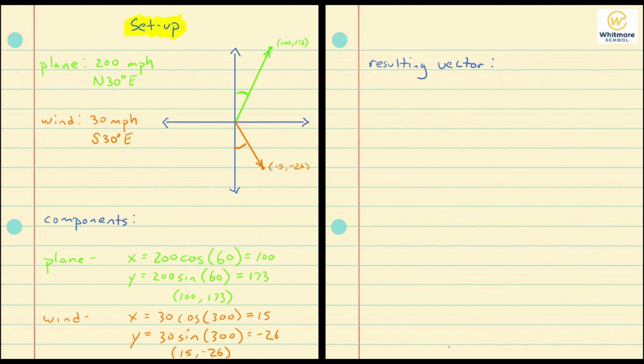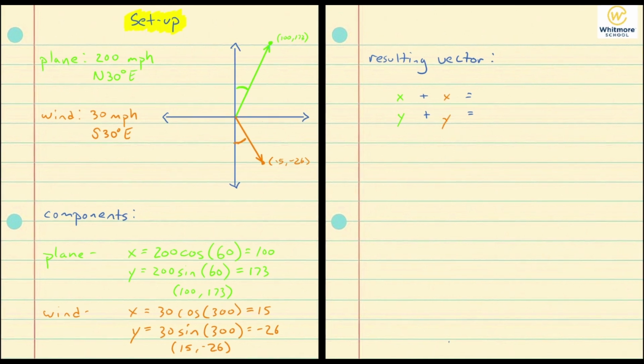For the resulting vector, I'm going to start off by adding the x values of the plane and the wind together, and then the y values of the plane and the wind. And just to keep everything nice and color-coded, I'm going to draw it like this. There.